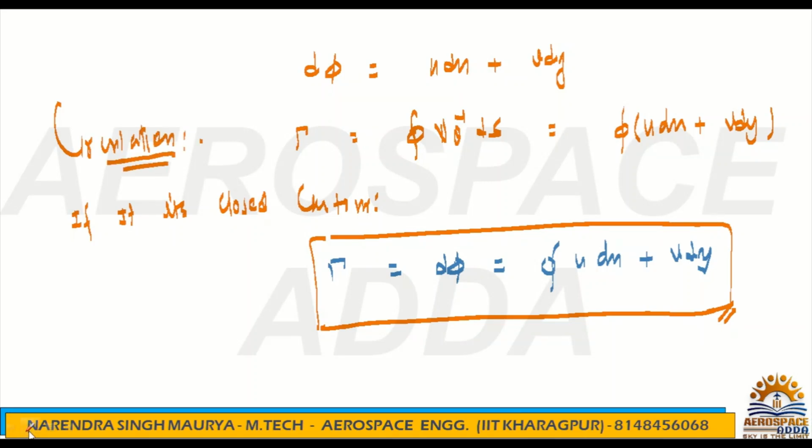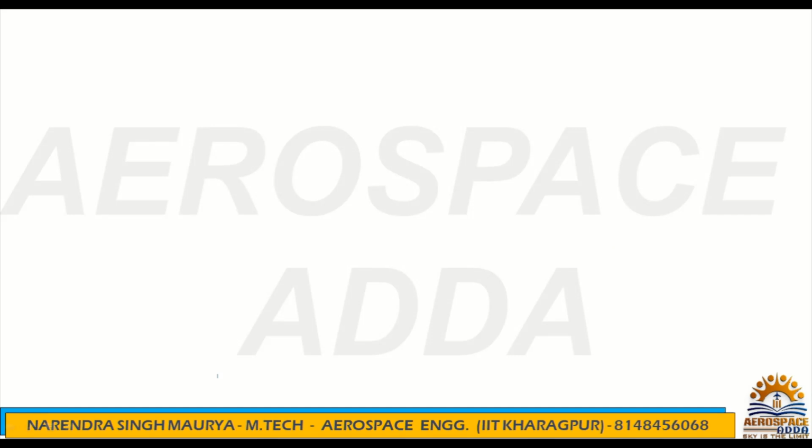For that reason, hope you understood why this potential function is used for irrotational flow, okay? Right, now, what is d phi here you got? d phi is equal to u dx plus v dy, you got, right? Now, like for a streamline we had seen, stream function psi was constant.